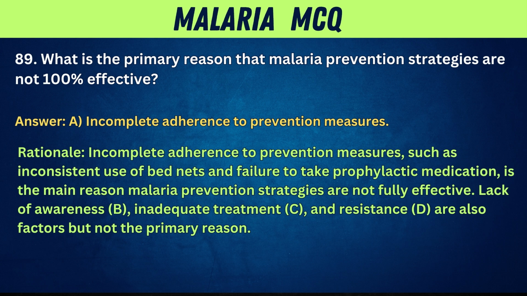Rationale: incomplete adherence to prevention measures, such as inconsistent use of bed nets and failure to take prophylactic medication, is the main reason malaria prevention strategies are not fully effective. Lack of awareness, B, inadequate treatment, C, and resistance, D, are also factors, but not the primary reason.